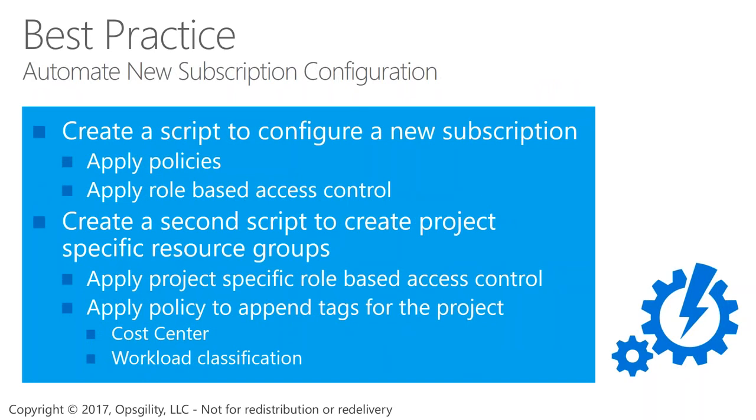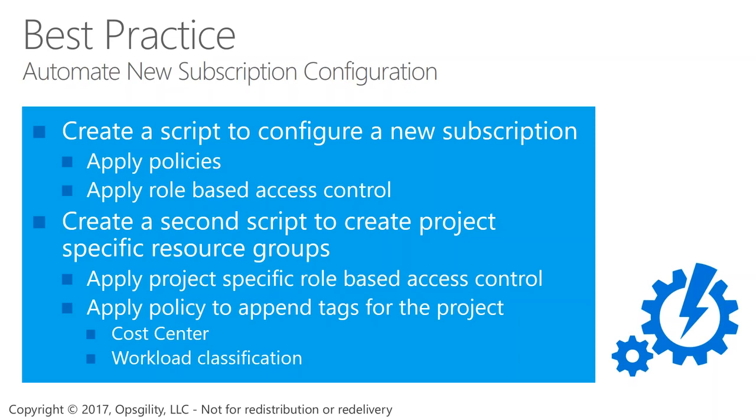Another best practice around creating new subscriptions: we recommend that you automate the creation using a script. This is going to allow you to apply policies and role-based access control at subscription creation time, so there will never be a time that those policies and RBAC settings don't apply.